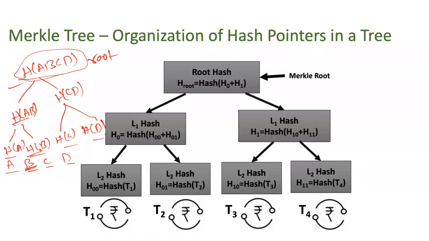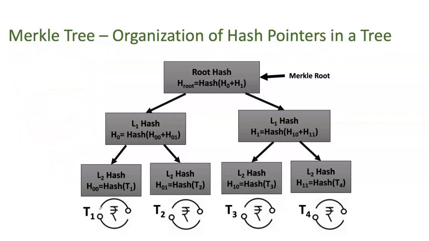So this is the Merkle tree hashing process. As we see, at the leaf nodes, if any transaction changes, the hash of T1 will be computed and generate one hash value. For another transaction, another hash is there.